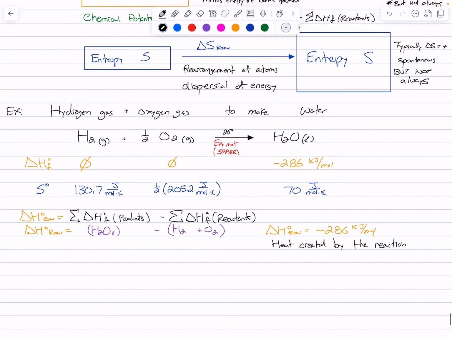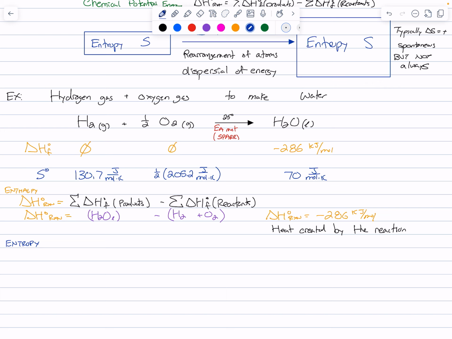So that's the enthalpy, the heat content. Now we have the entropy. So you have delta S of the reaction, and it's going to equal the sum of the entropies of the products minus the sum of the entropies of the reactants.